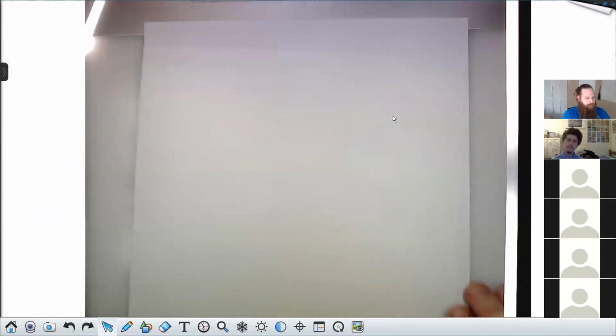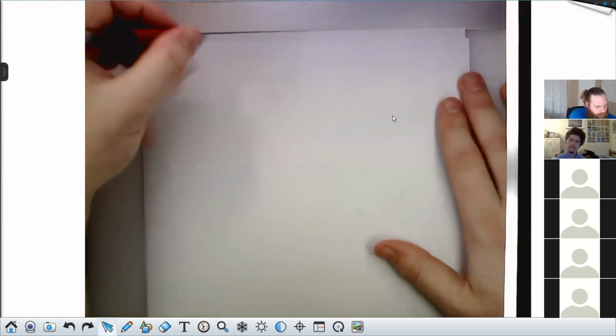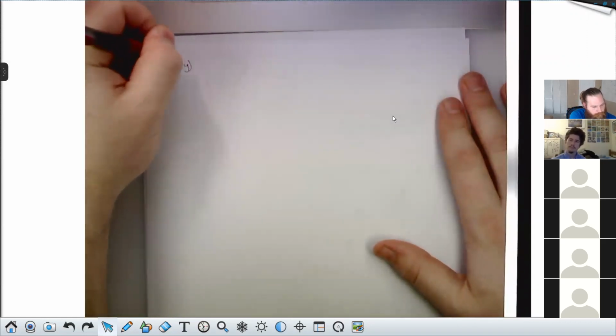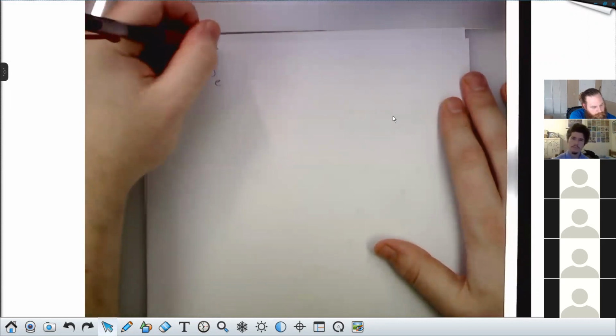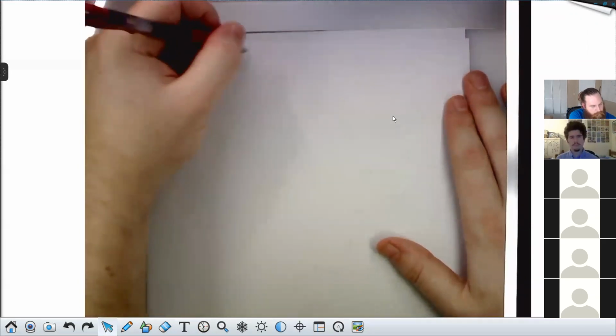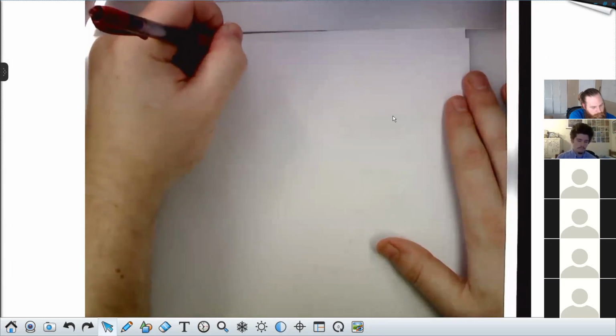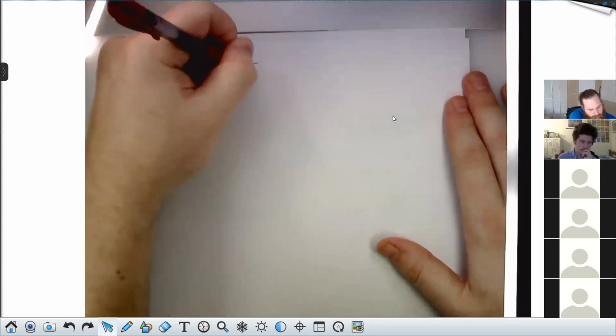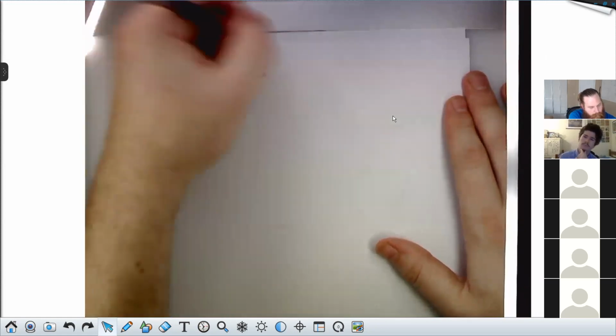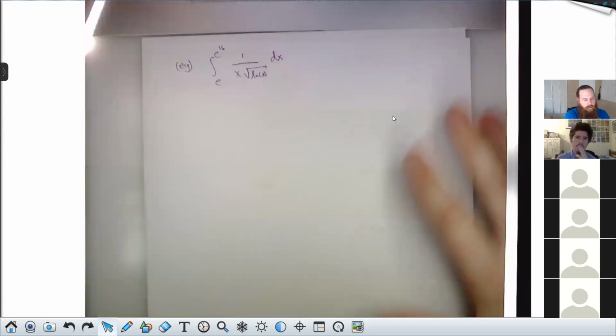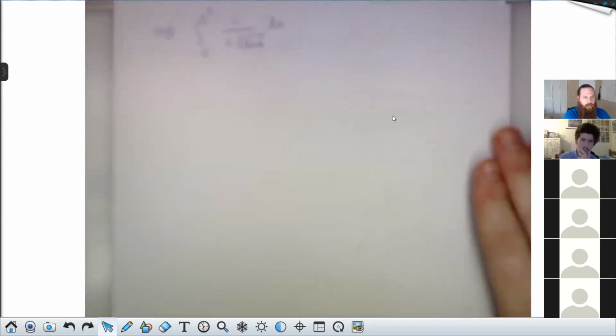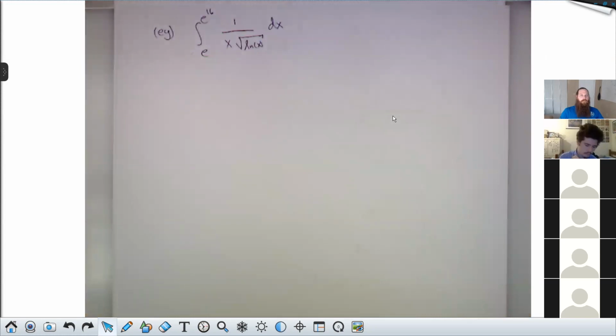How about this one? That's the definite integral from e to e to the 16 of 1 over x times the square root of the natural log of x.